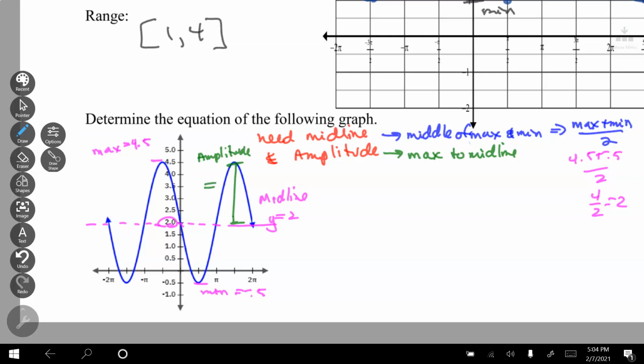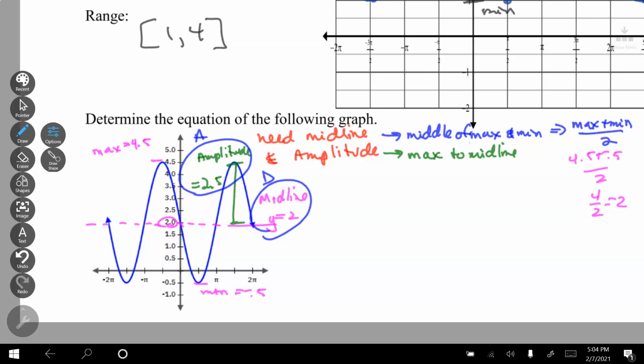This is equal from 2 to 4.5. I get 2.5 as a result. Well, it looks like I have the two things I need. I have my amplitude, I have my midline. This is the A value, this is the D value.